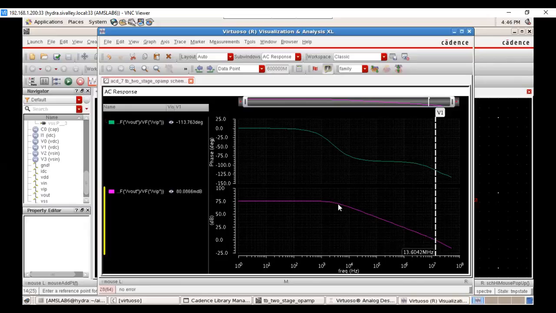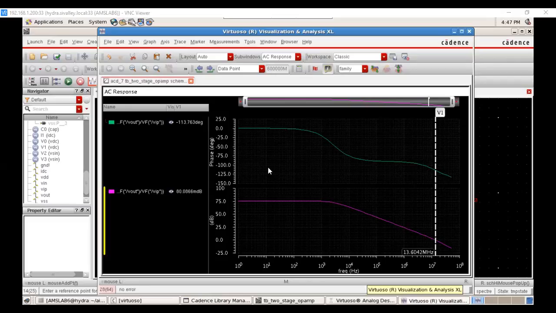So what is the 2000 gain? 20 log of 2000 is how much? 66 dB.